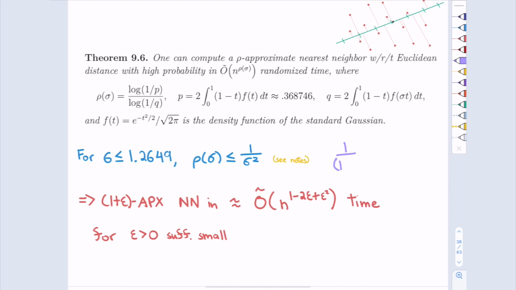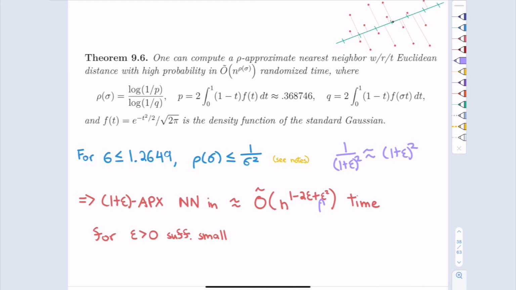Here I'm just being very lazy and pointing out that this thing is very similar to 1 plus epsilon squared. So there should probably be some constant there, like a factor of 2 or something, but again, it's a smaller order bit.